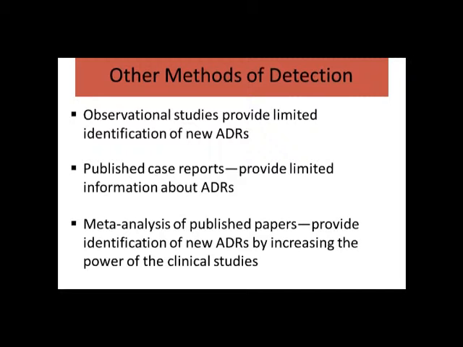You read that journal and then you come to know about this rare ADR. But anyway, it's all of limited scope for detecting a new ADR. Meta-analysis of published papers, yes. If you have like 15, 20, 25 papers on a specific drug, and you do a meta-analysis of all these papers, you go across all the papers.